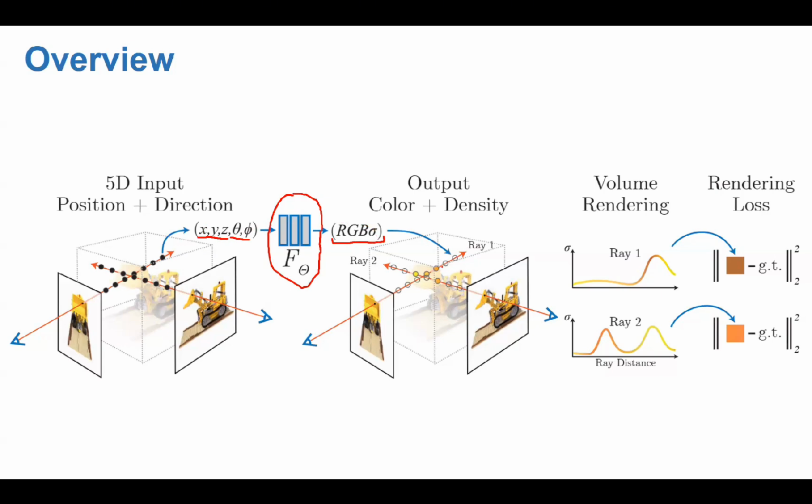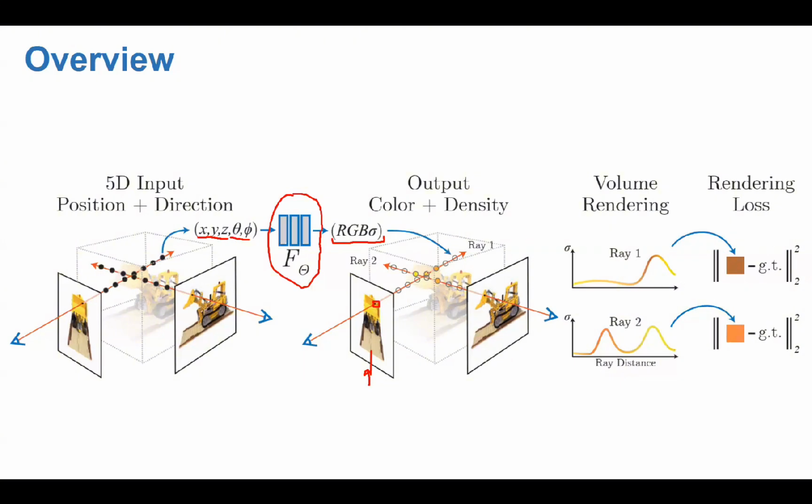Based on the answers that the network gives us in each point, we can do that integral that I showed you and render the image pixel that we see here. Because we actually have this image as an input, if we render the pixel, we can train the network based on a reconstruction loss.